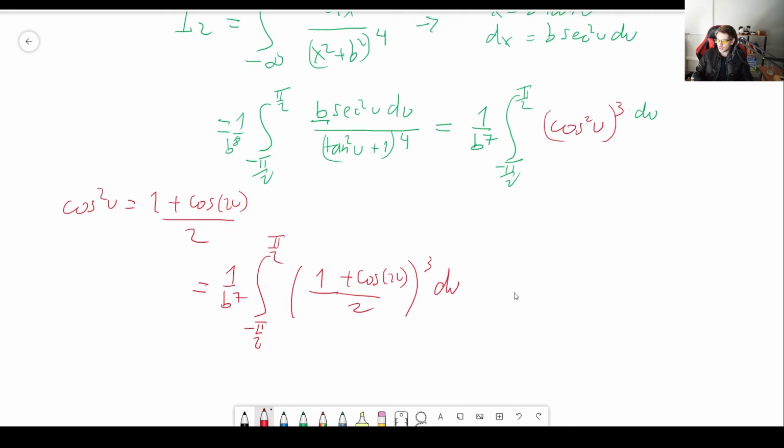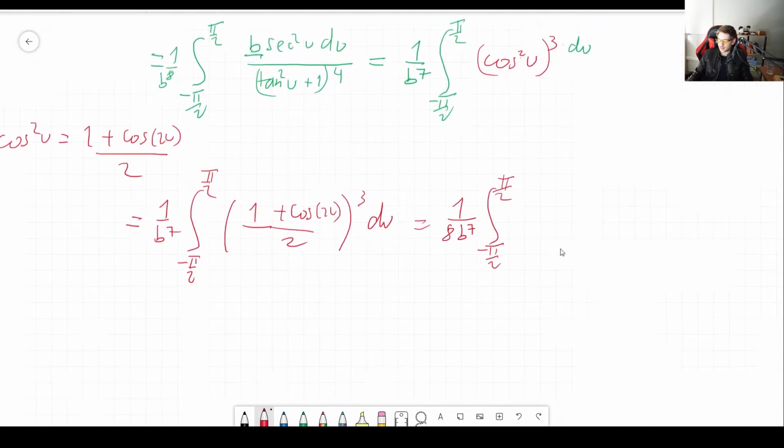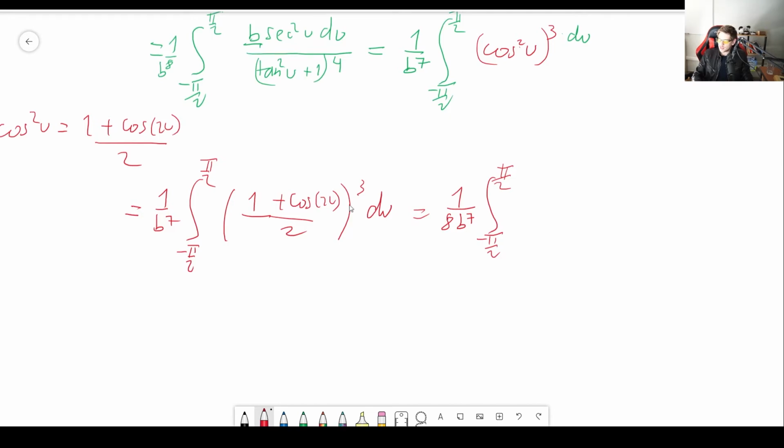The 1/2 we can of course pull out of the integral, and it's going to be 1/2 cubed. So we get 1 over 8 b to the 7th power. And then the integral is going to still be there. And then we're just going to expand it. So what is it going to be? It's going to be (1 plus cosine of 2u) cubed.